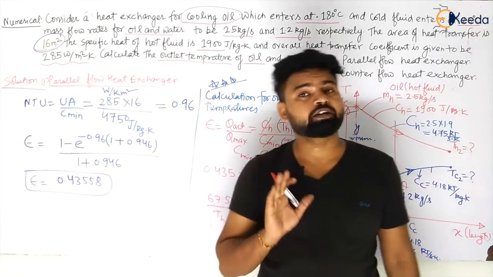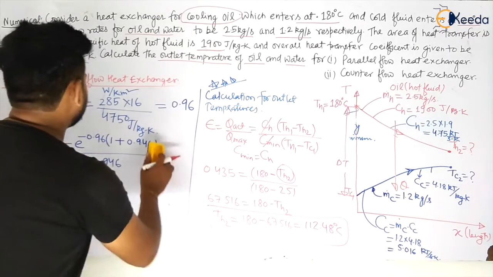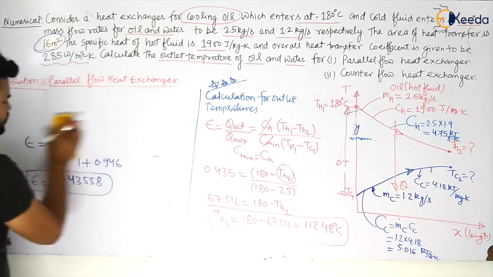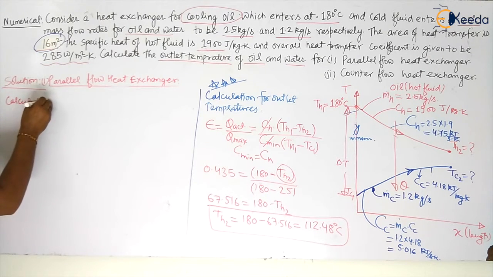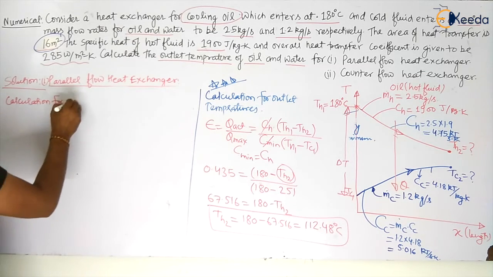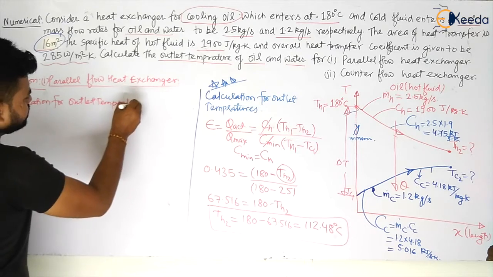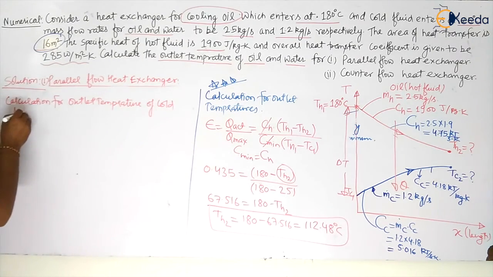Let us calculate for the cold fluid. So the heat capacity for the cold fluid will be given by what? Let us see. Calculation for the outlet temperature of the cold fluid, my dear students. We have seen an equation, the heat gain, heat loss.